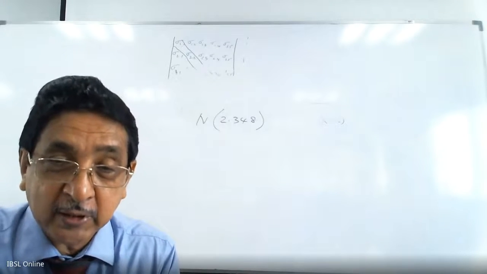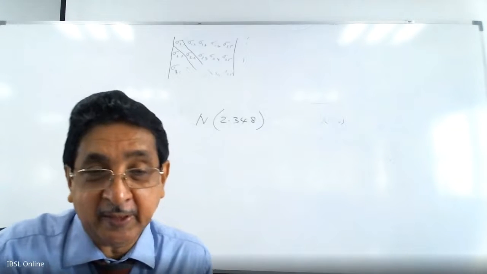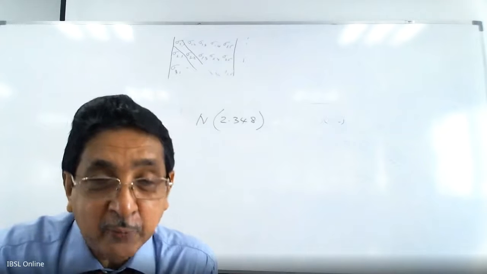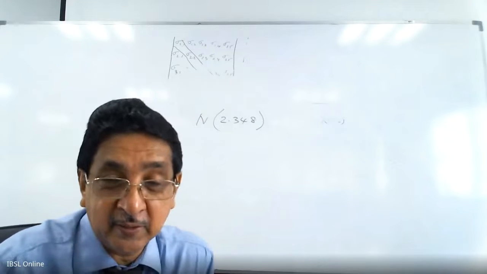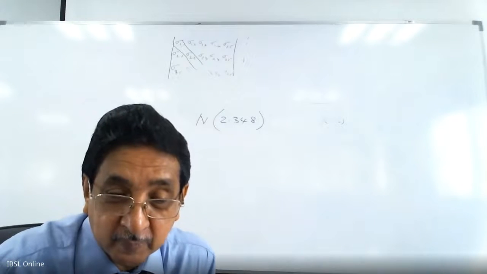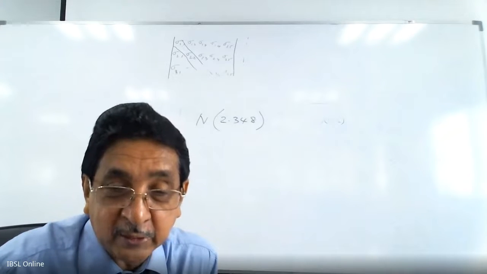So I am giving you the skill of getting these values from the normal curve table. Just see what N(2.348) is by using the normal curve table.